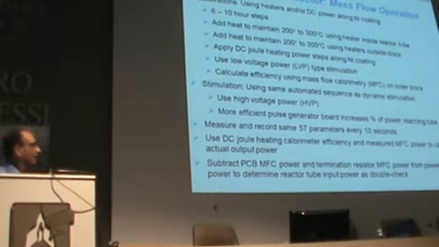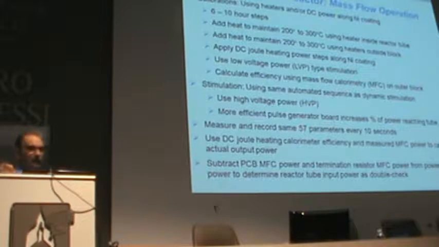The important part down here in the bottom is we do a double check. The amount of power lost in the generation system is significant, and they're working on getting rid of that and hopefully not blowing up too many boards as they're working on it.